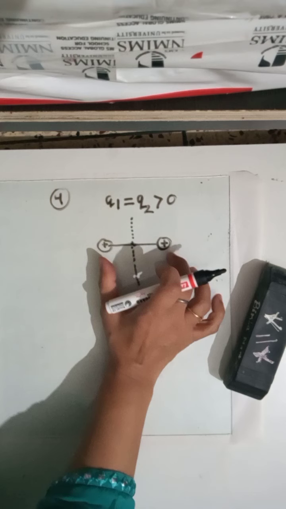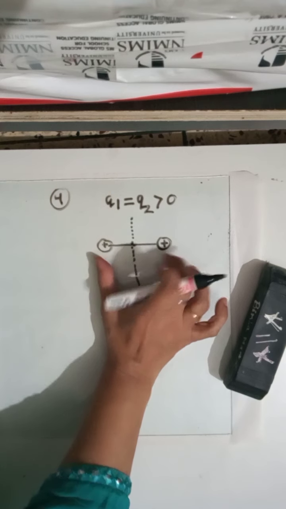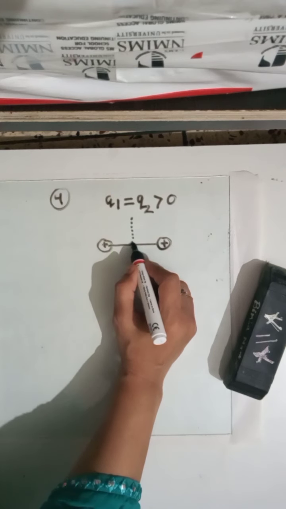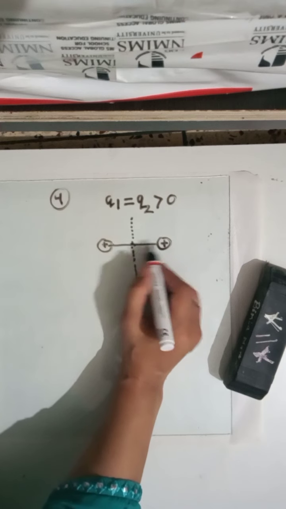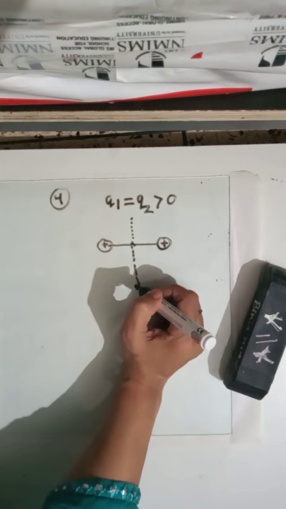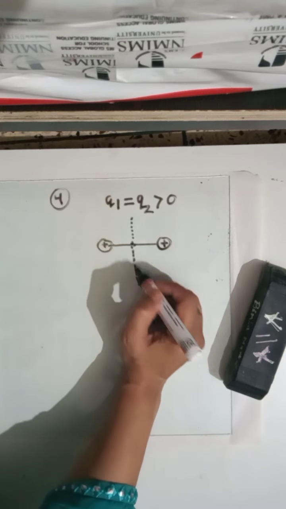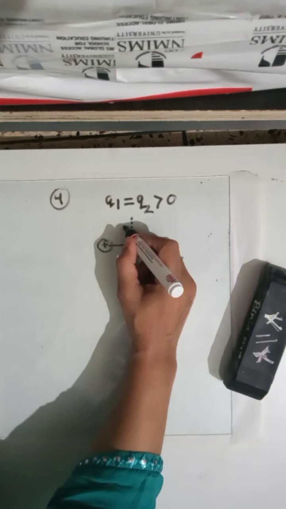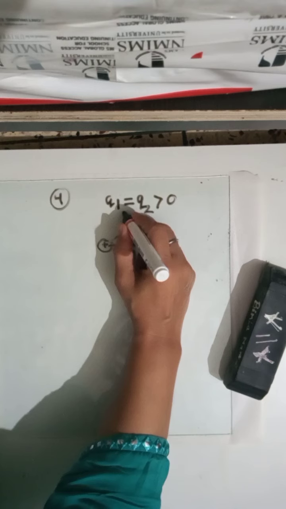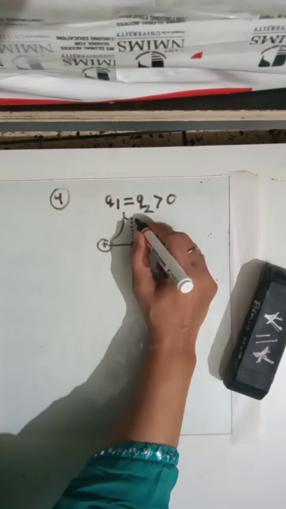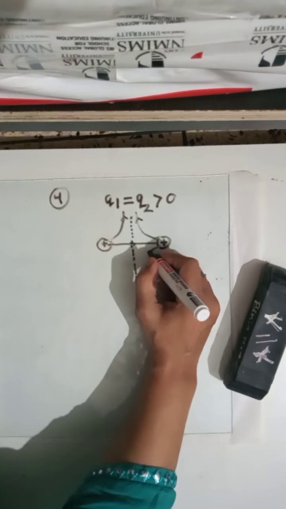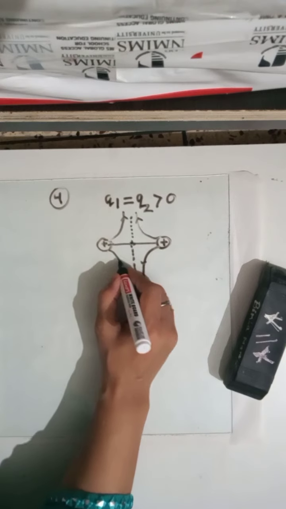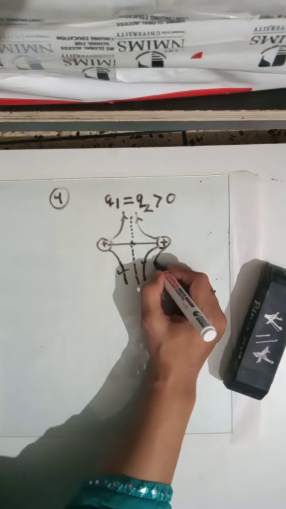These two charges are equal to each other, and how do we locate this point? From the midpoint of this line we draw a perpendicular line, you can say the perpendicular bisector of this line. Now what will be the nature of the electric lines of forces? They will pass in such a way, exactly the same nature. You can draw 4 or 5 as you wish.